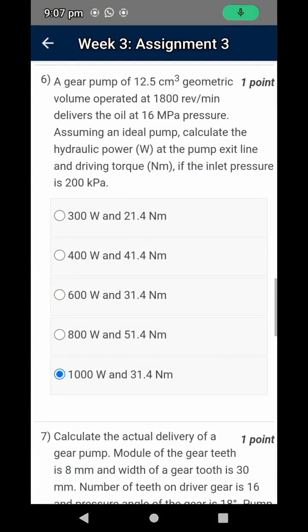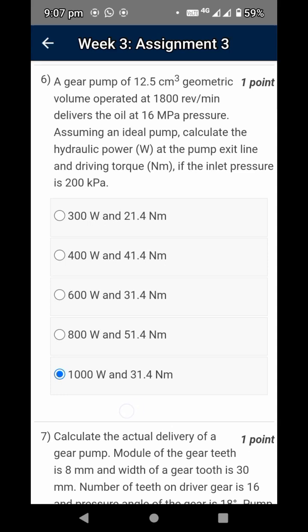Now check out question number 6. For this particular problem, you can check out a similar problem in the video lecture of NPTEL course week 3. So now I will show the actual calculation behind this problem. Here they mention a gear pump with a geometric volume of 12.5 centimeter cube.